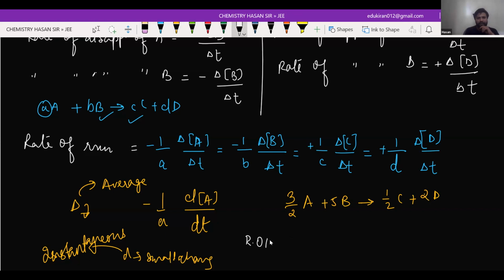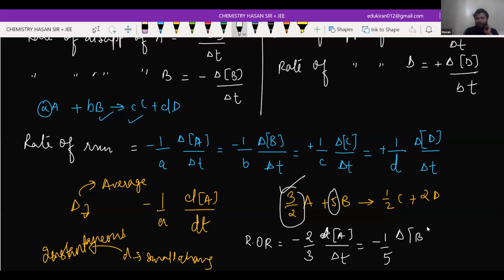The rate of reaction will be equal to, first of all, for this, minus, and I told you 1 upon 3/2, it will be 2/3 d[A]/dt, or you can write delta A upon delta T. That will be equal to, again, this is a reactant, so minus 1/5 delta B upon delta T. Then comes the product, plus 1 upon 1/2, that becomes 2 delta C upon delta T. Then comes plus 1/2 delta D upon delta T.